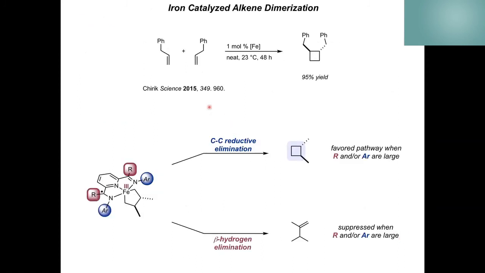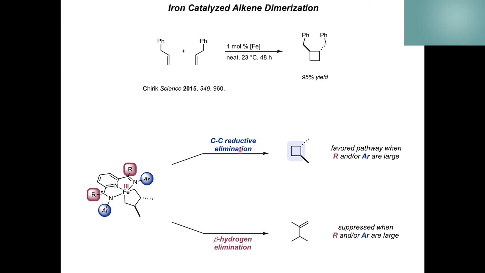And then later contributions contributed to the ability of doing intermolecular cyclobutane dimerization forming processes using, again, a slightly modified iron compound. And one of the things that was learned from this intermolecular study was that there were two divergent pathways that could be observed.